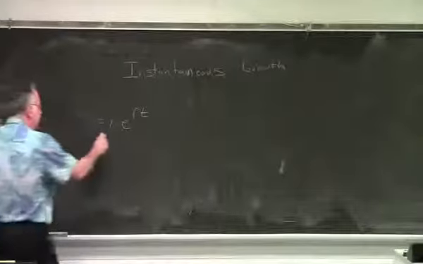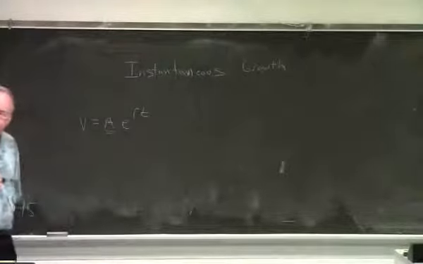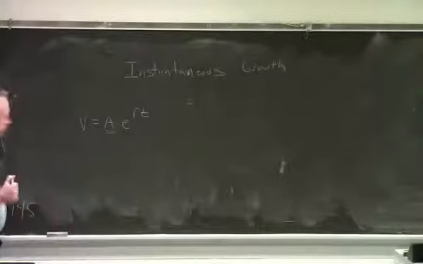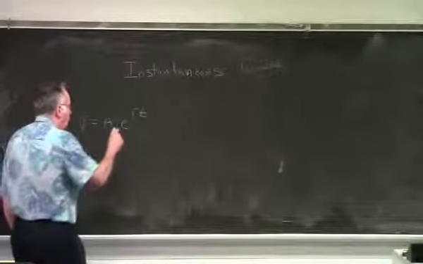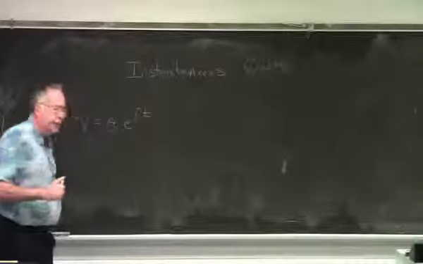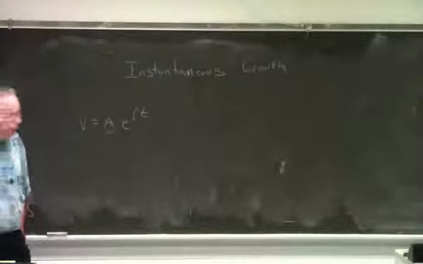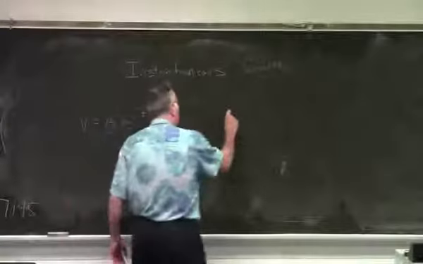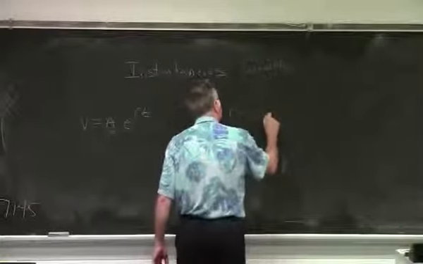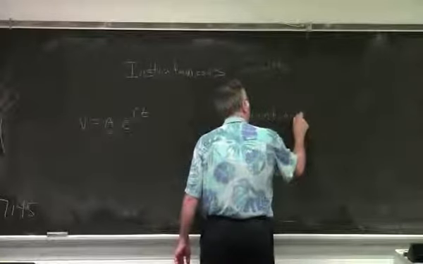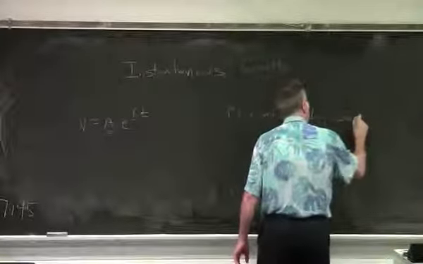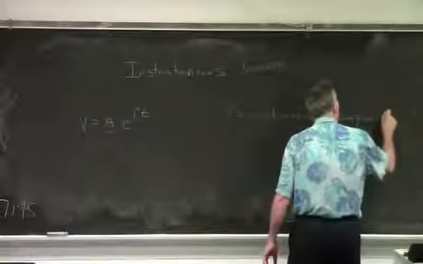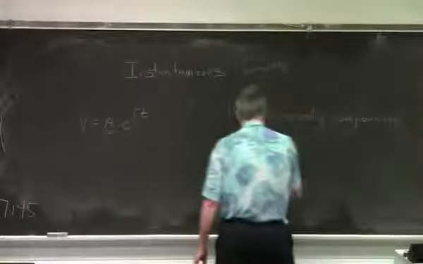A is the value right now, at time 0, the present. E is that mathematical constant. R is the continuously compounded interest rate per year.